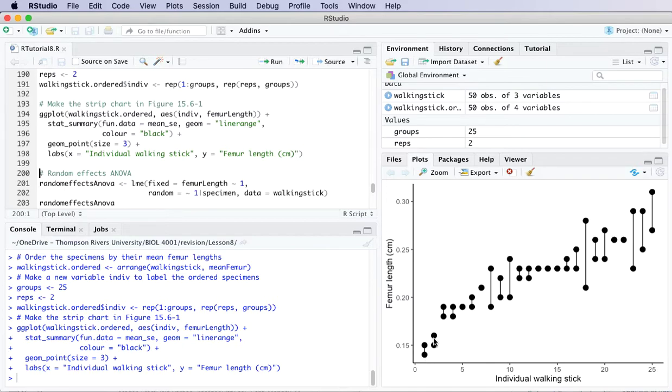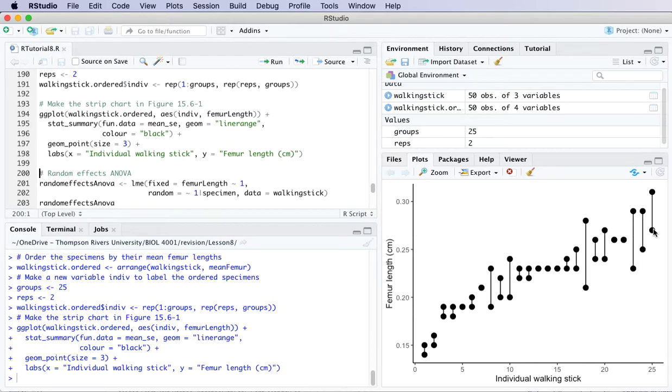And then the next shortest one was 0.15 for the first measurement, 0.16 for the second measurement, and so on all the way up to the largest walking stick on average, and it had a first measurement that was 0.31, I'm guessing, if I track that along onto the axis, and then what was its other measurement?